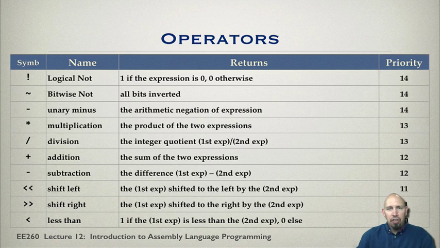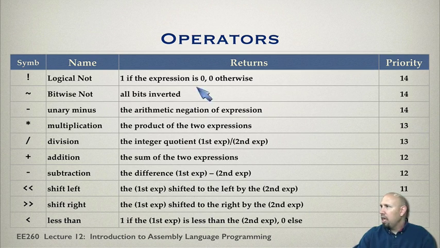And so that shows the priority. So if you have, for example, 3 plus 2 times 4, the multiplication has higher priority than the plus. So the multiplication is going to be done first, and then the addition, even though in left to right order, the addition comes first.